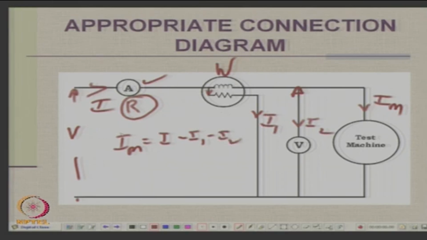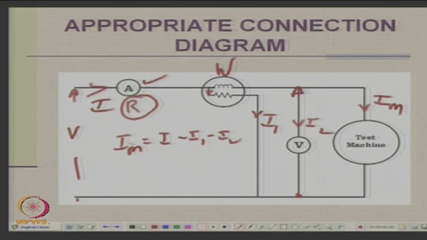Well, the voltmeter is okay, because it connects the same voltage across the machine. So, there could be error in the wattmeter, there could be error in the ammeter, there could be error to some extent in the voltmeter.